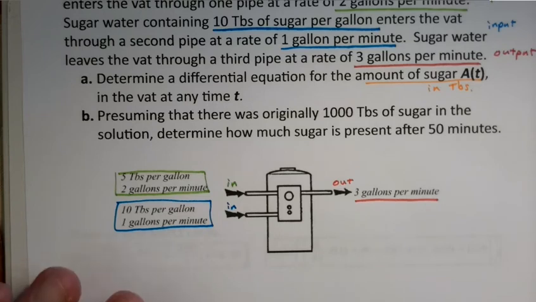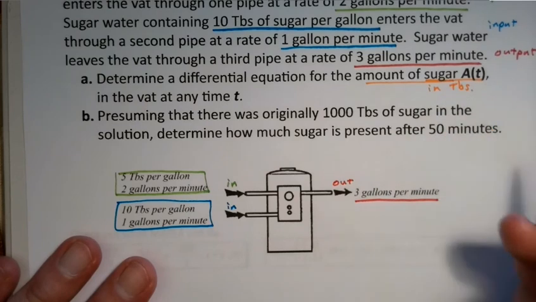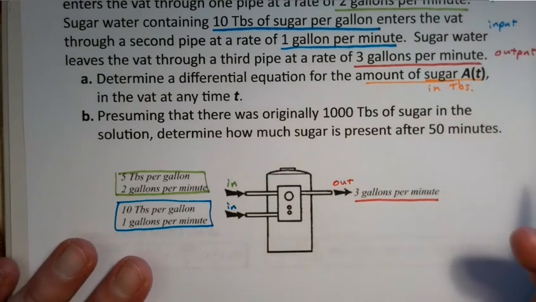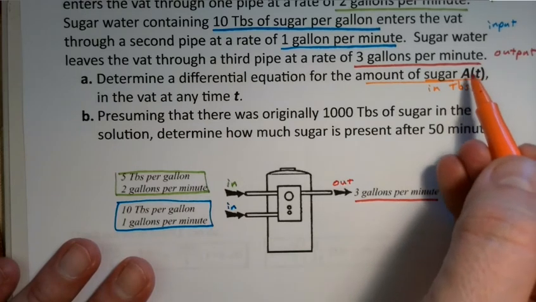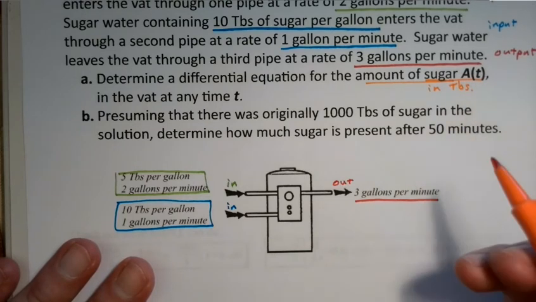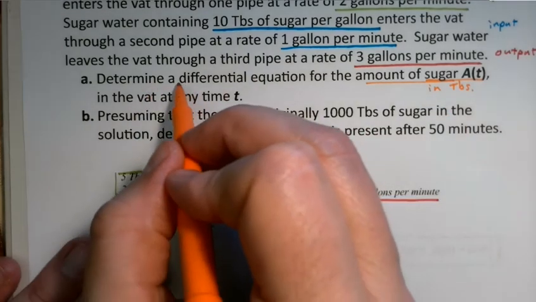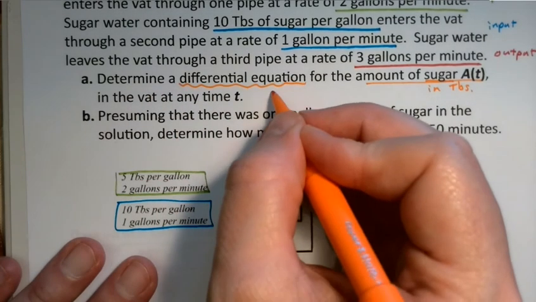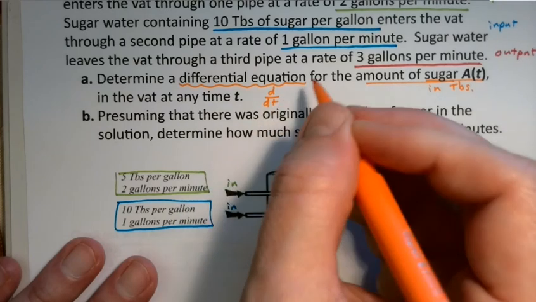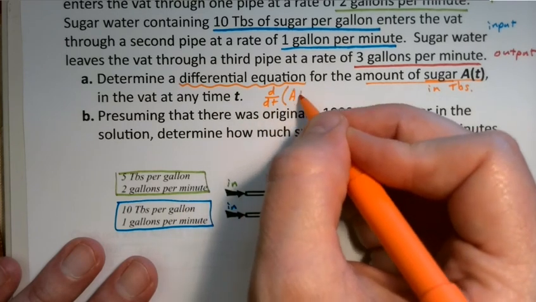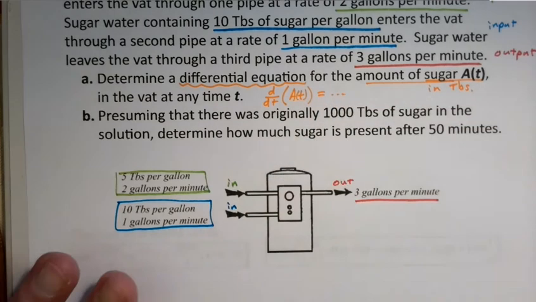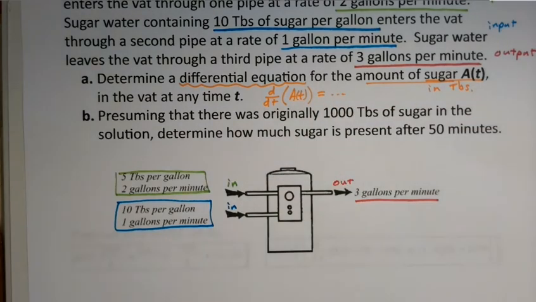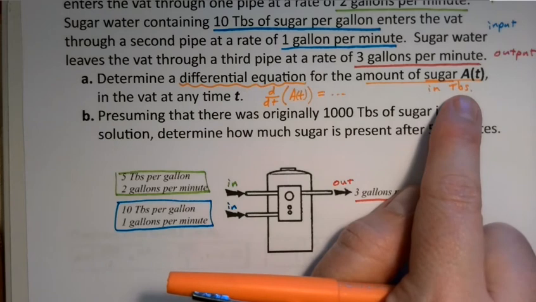What we want is how much sugar. Not how much sugar water, but actually how much sugar is in the vat. So I need to come up with an equation that's going to relate, or a way for me to solve for A of t. So determine a differential equation. That means it's going to have to be dA/dt equals some stuff. That's what we're looking for, where A is in tablespoons of sugar.